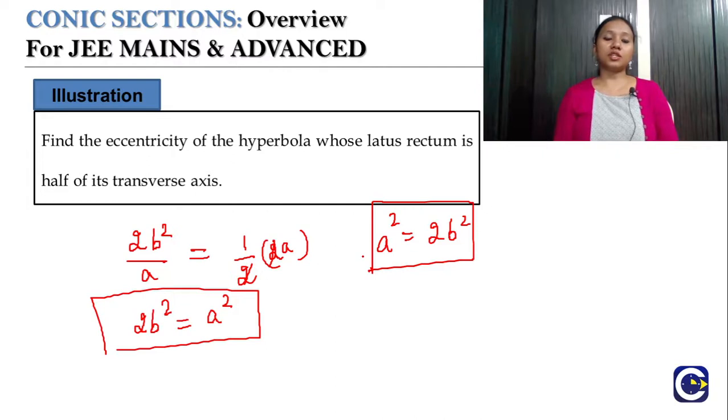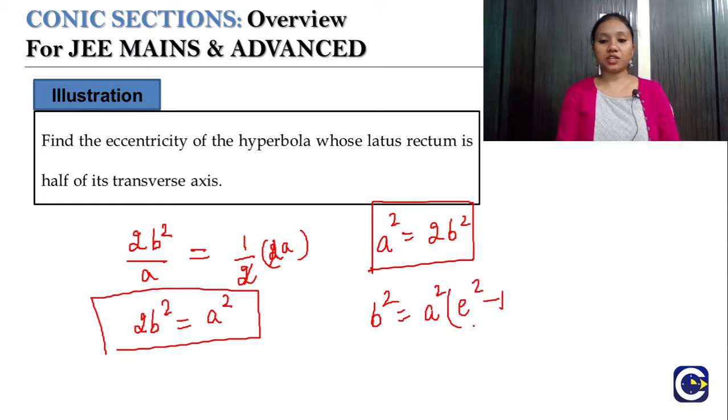Now the question is to find the eccentricity, but we already have the relation between a, b and the eccentricity, that is b square is equal to a square into e square minus 1. If you substitute 2b square in place of a square, the term b will be eliminated and you will have only e, so you can find the eccentricity of the hyperbola.